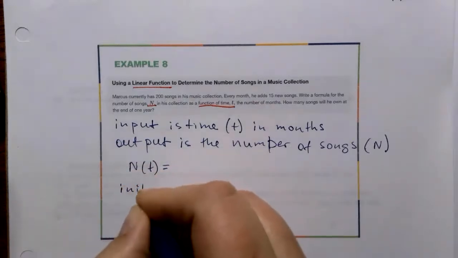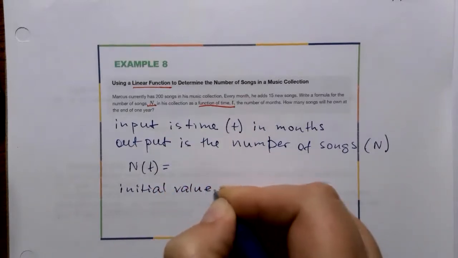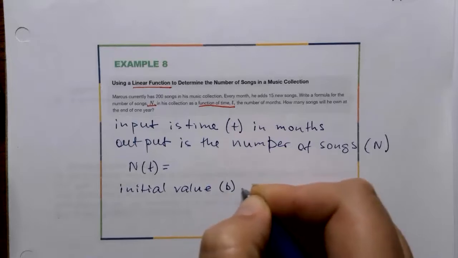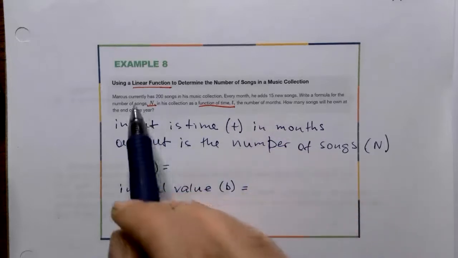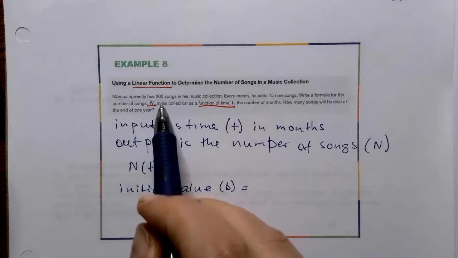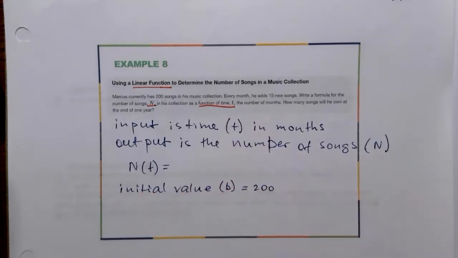So we're going to start with the initial value. The initial value, b, is the number of songs that he currently has in his collection, so 200.